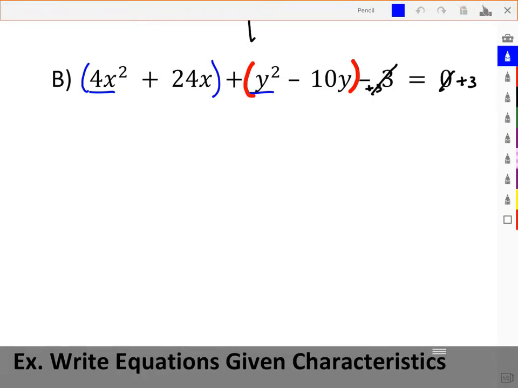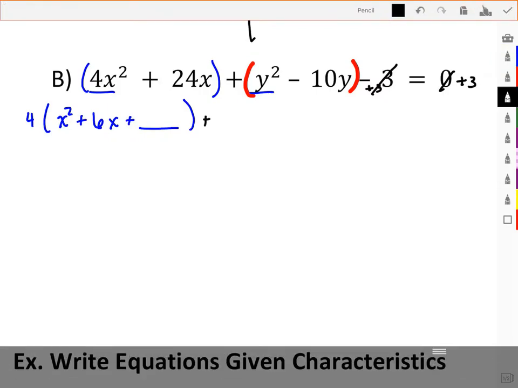Now to complete the square, I hope you remember how to complete the square. I don't know if you do or not. We start by factoring out the GCF number out of each group. So 4x squared plus 24x, the greatest common factor there would be 4. So I've got 4 times (x squared plus 6x) and I'm going to leave a little space because we're completing the square.